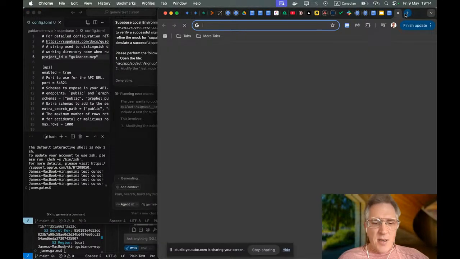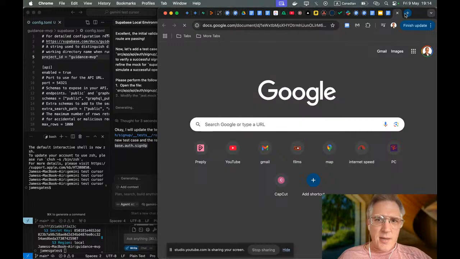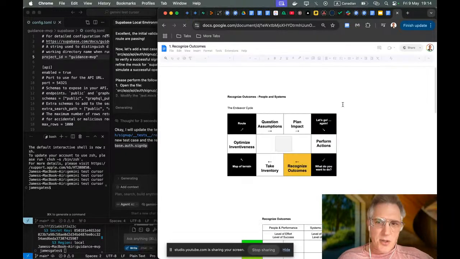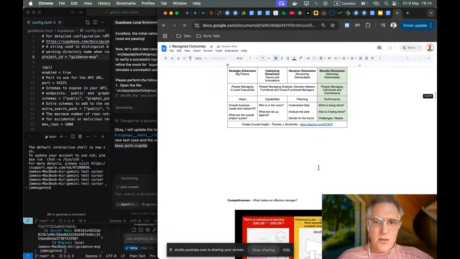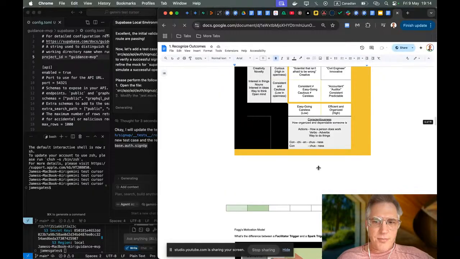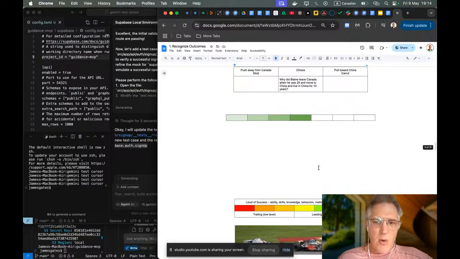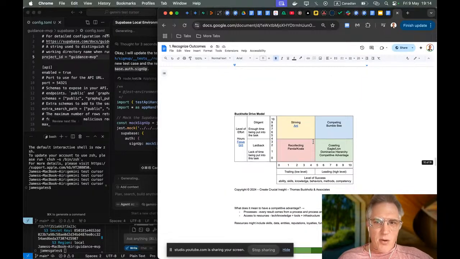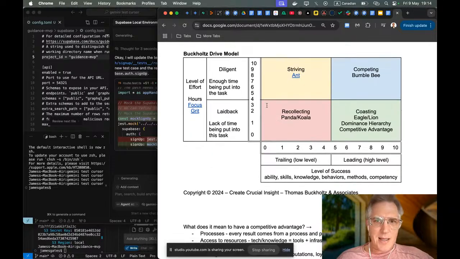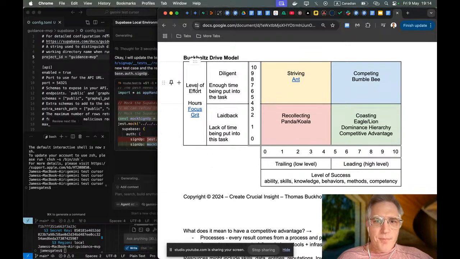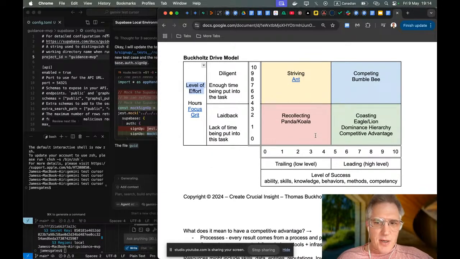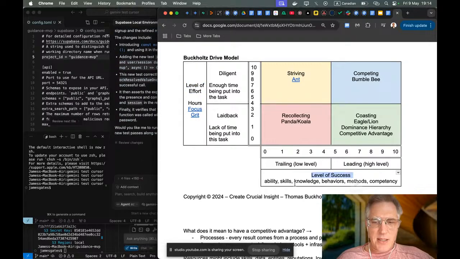Now, I've done a lot of thinking recently, and this all goes back to Tom's state drive model. The state drive model really helps you to hone in on this concept that your level of effort and your level of success are basically the only two things you've got going for you.